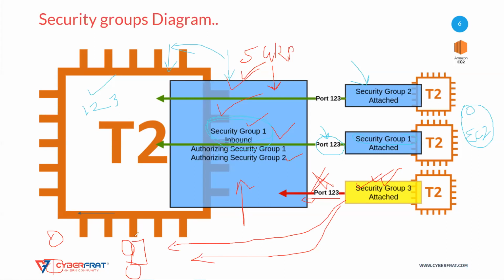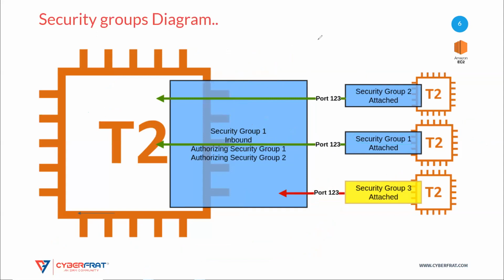When we do a practical, these things will be much clearer. We are just saying that you can mention a different security group in one security group. We will see this when we do a practical, and at that time I think it will be more clear to you guys. So this is about security groups.